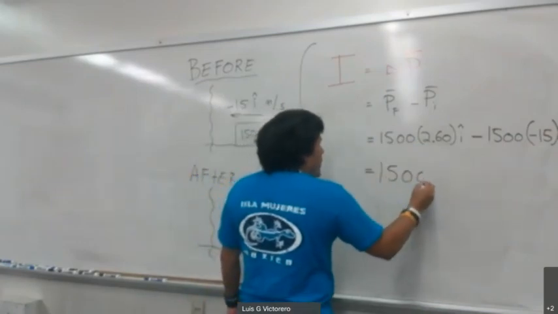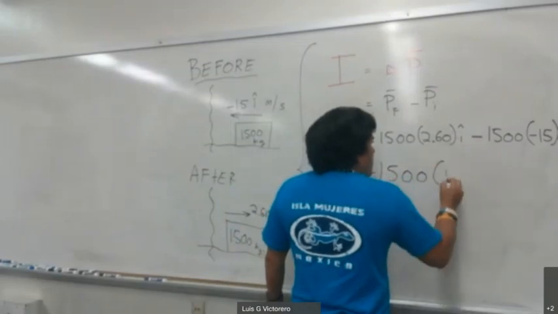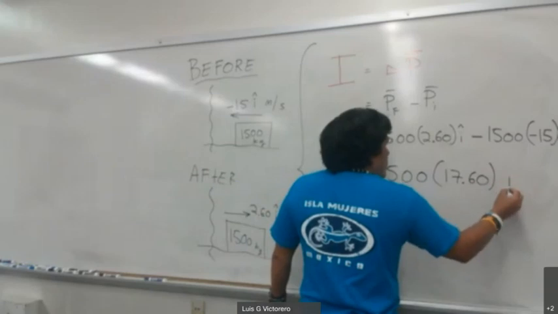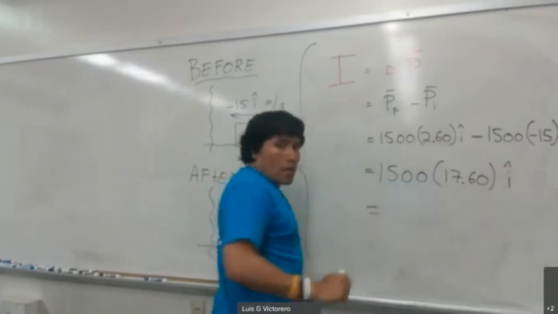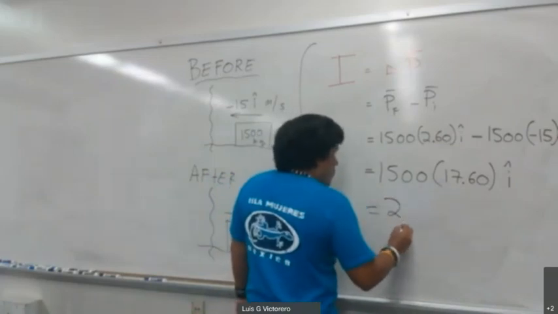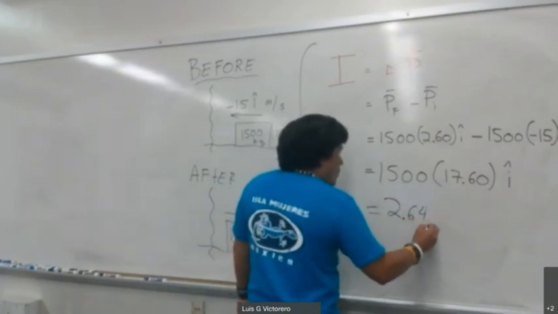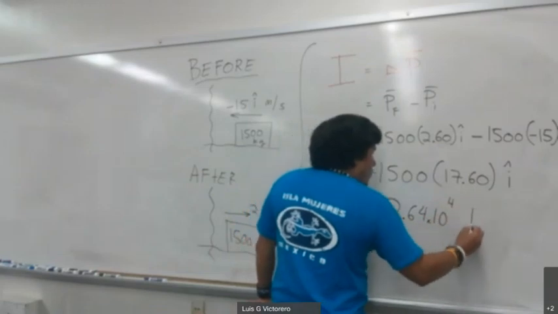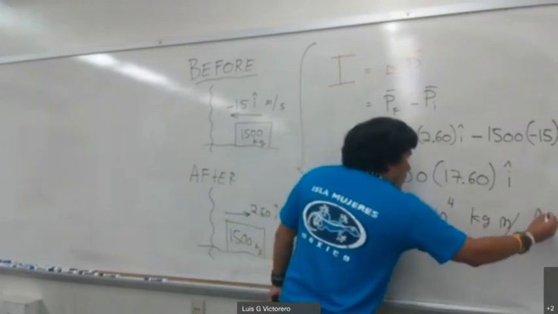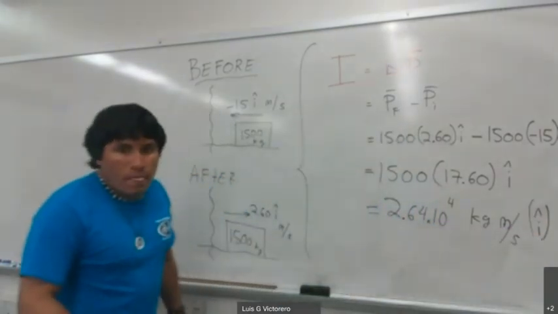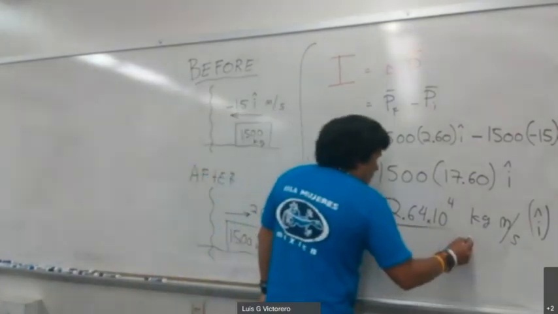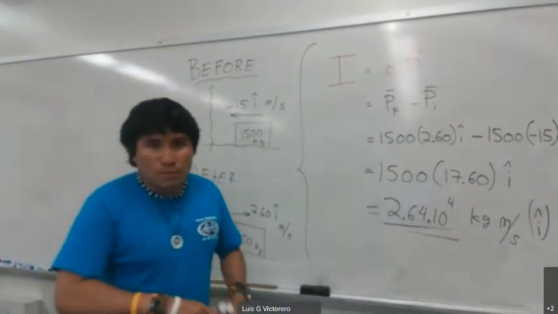I can factorize 1,500. And I will get that. All right, the magnitude will just be this. That's your impulse.